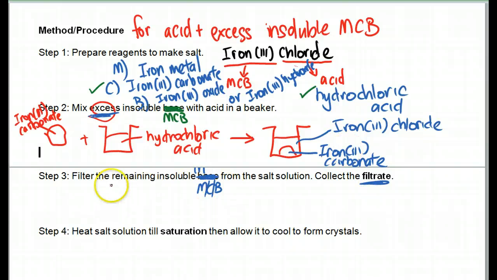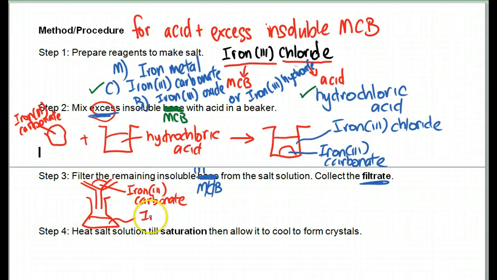So in this case here, what you're going to do is a filtration, with filter paper. This lump here will be your iron 3 carbonate.